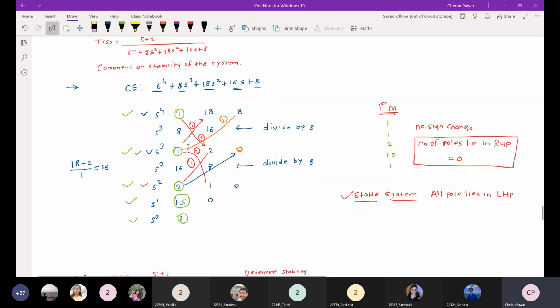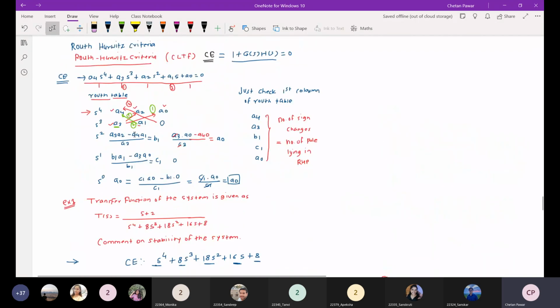There is a formula for the first element. You take the multiplication of these two elements, this one and this one, minus the multiplication of these two elements, 2 and 1. So 18 minus 2, divided by this particular element, 1. So that will be 16.